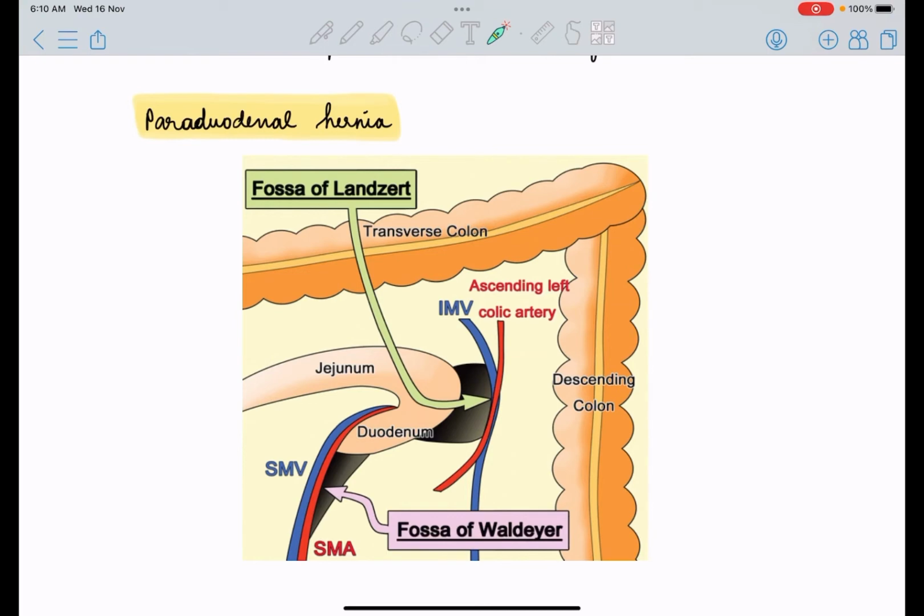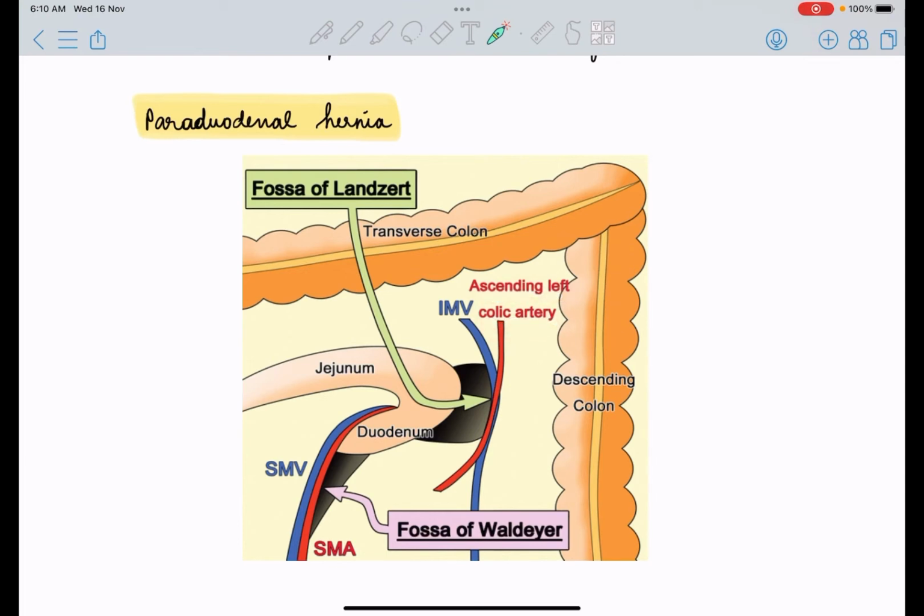So if we take a look at fossa of Landzert, through which left paraduodenal hernia occurs, anterior to this fossa of Landzert will be inferior mesenteric vein and ascending left colic artery.